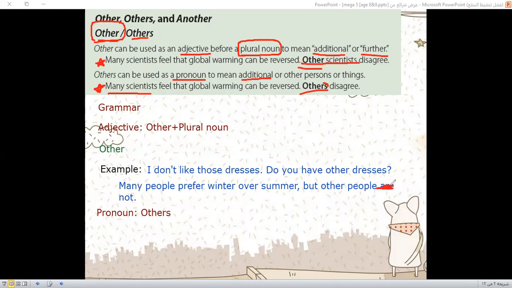Thank you so much. My mistake. So let's write it here. Other people do not. Let me change the color. Okay, thank you so much, Dana. So if I want to use a pronoun, I want to use others, it's going to be as a pronoun. Let's write an example here.